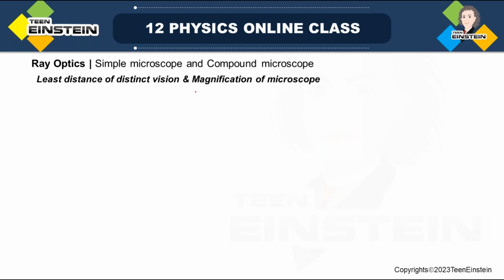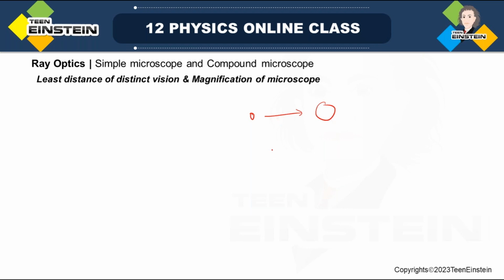I hope you know the basic use of microscope and telescope, etc. So microscope generally we use to see tiny things in a bigger font, right? That means small object can be seen through microscope as a bigger one, like this.